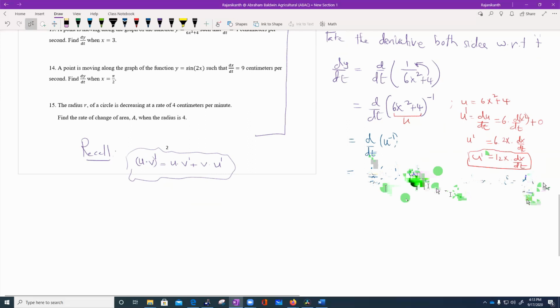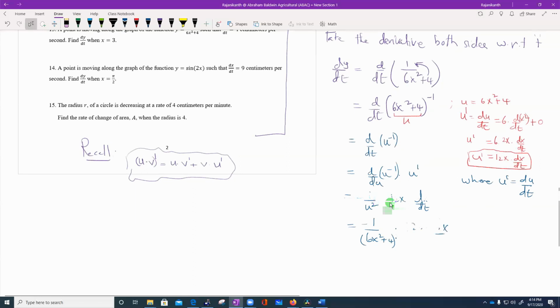We are taking the derivative with respect to t all the time. So now use the power rule, negative 1 over u squared, right? That is this piece. U prime we just got, which is 12x times dx over dt. But u was actually 6x squared plus 4. So replace u by 6x squared plus 4, squared here, times 12x times dx over dt. So this is my dy over dt.